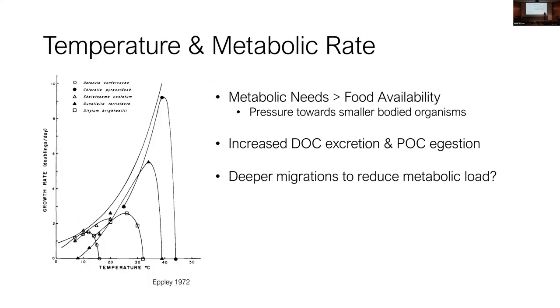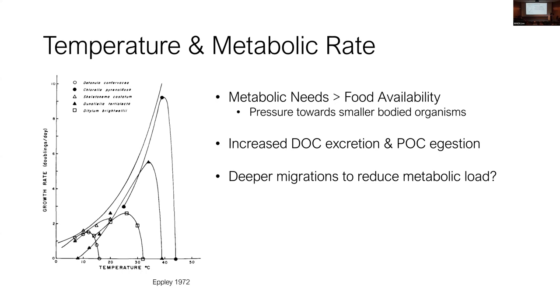Moving on to my last two, so temperature and then oxygen. So temperature, the relationship between metabolic rate for a whole community and temperature has been established for decades, from Eppley 1972 and onwards.